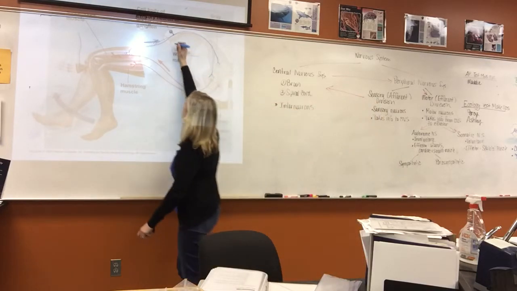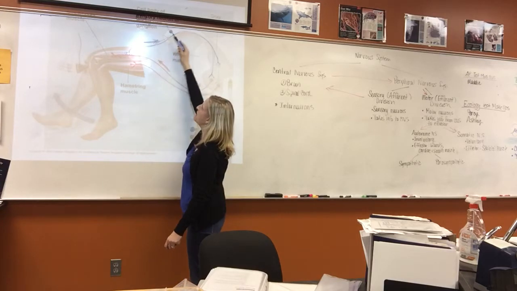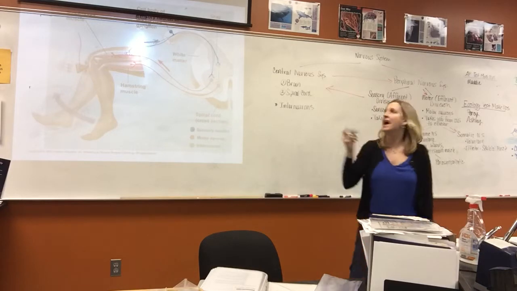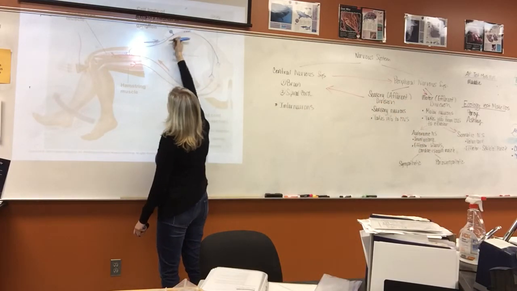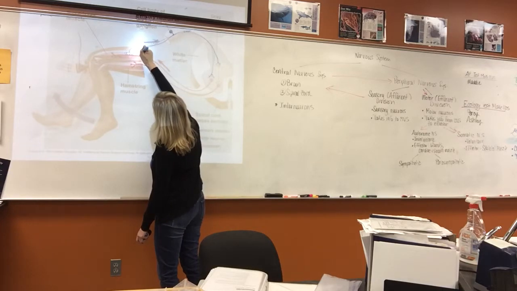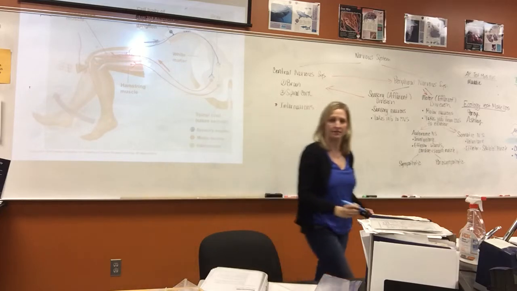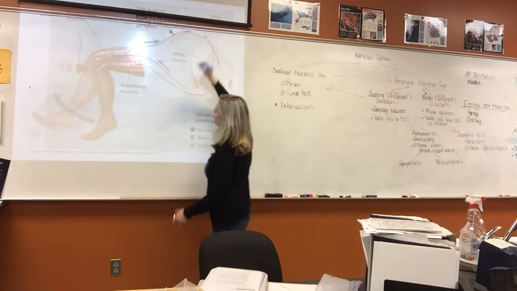So if this is the cell body, remember that information from the environment always travels to the cell body, and then away, the axon, so this is the axon, these are the dendrites. Axon always takes information away from the cell body, all right? And so that's what we see here. So the signal is going in this direction.